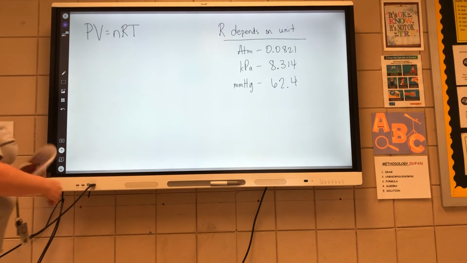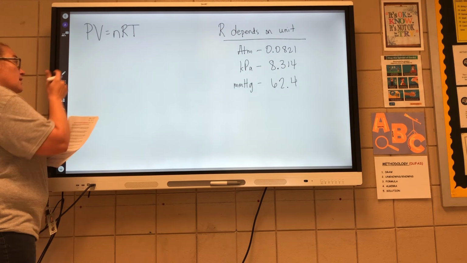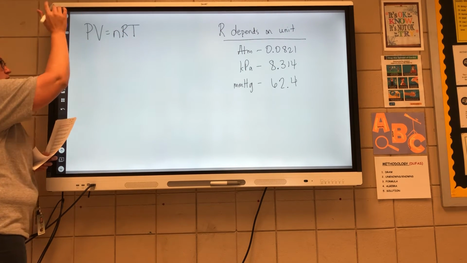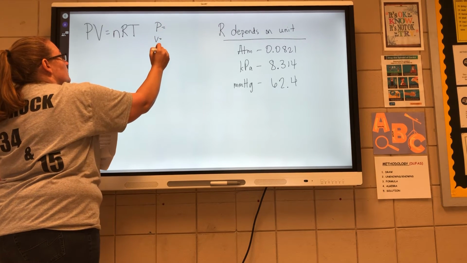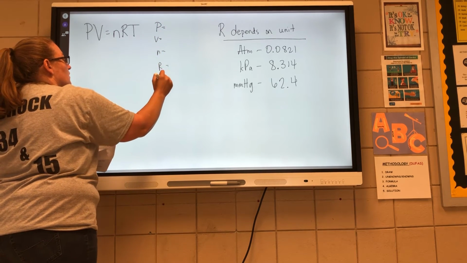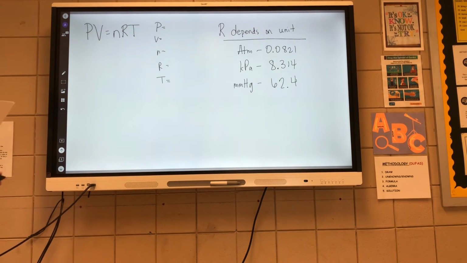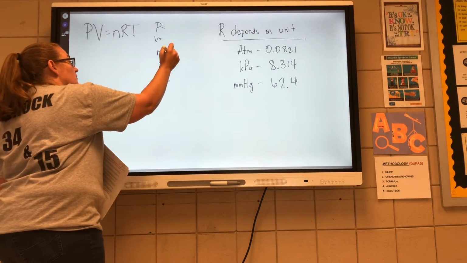Okay, all right, so number 2. I've got my formula, I'm just going to use this as my formula for number 2, and I'm going to write out all my variables here. If I have an unknown quantity of gas, so I don't know how much, I'm looking for my N, my moles.